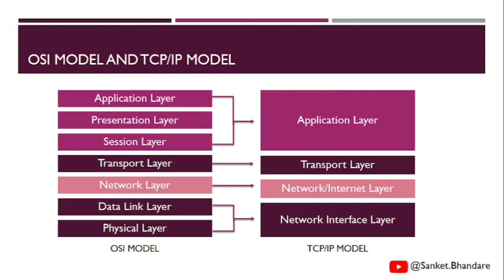TCP stands for Transfer Control Protocol. UDP stands for User Datagram Protocol. In the transport layer, your initial data gets divided into chunks, and each chunk is called a segment. Segments get added with some headers like port number, sequence number, and checksum.